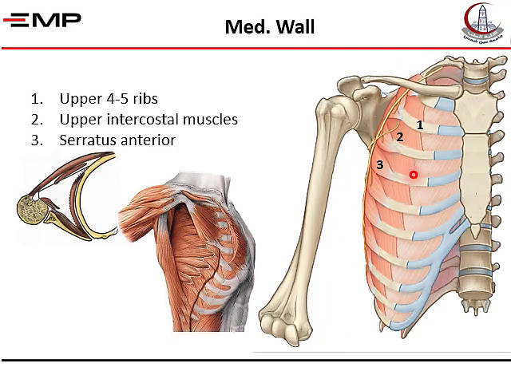The medial wall is made of the upper 4 or 5 ribs with the intercostal muscles in between them, and the upper digitations of serratus anterior with the nerve to serratus anterior descending on it, as you can see here, or you can see also here.